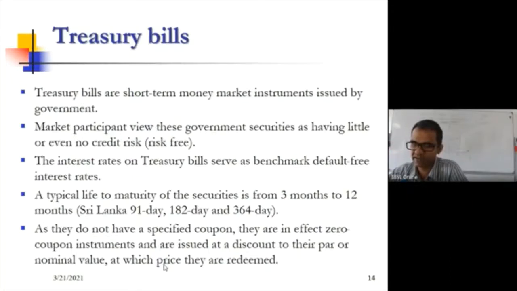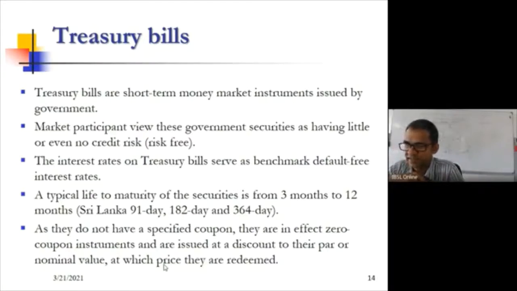On behalf of the government, the central bank issues, but the ultimate borrower is the government to fund their short-term funding requirement. So what else do you know? Is it tradable or non-tradable? It's tradable. You can transfer the ownership to someone else.